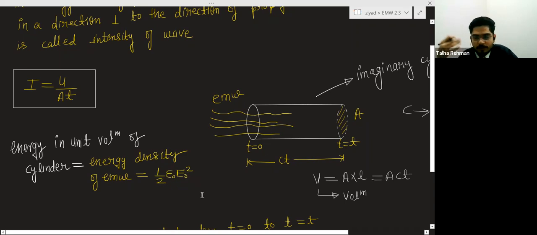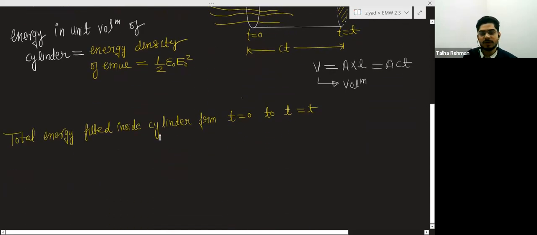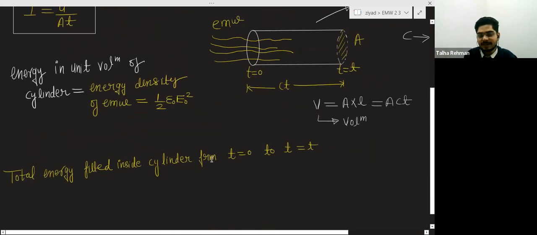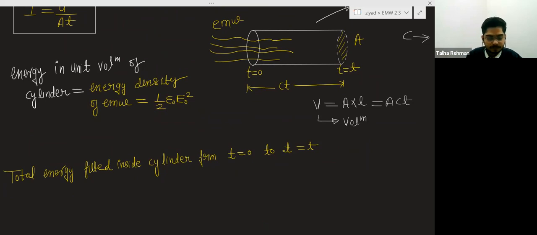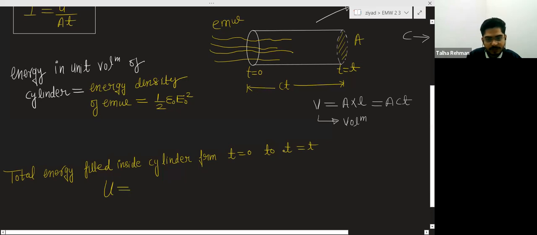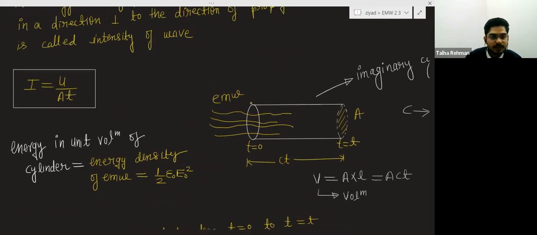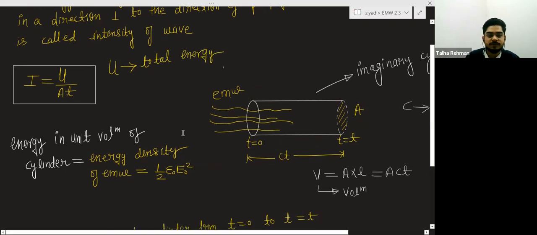In total volume of the cylinder, what will be the energy? This thing multiplied by the volume of the cylinder. So total energy filled inside the cylinder from t is equal to 0 to t is equal to t, you can write with capital U. This capital U is representing the total energy.